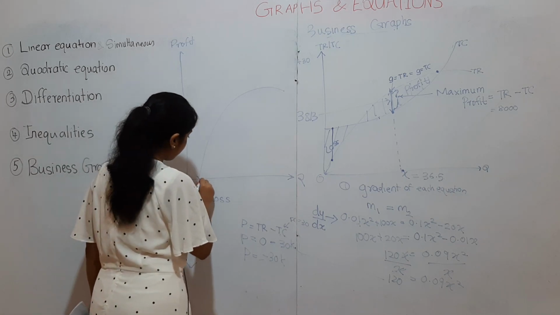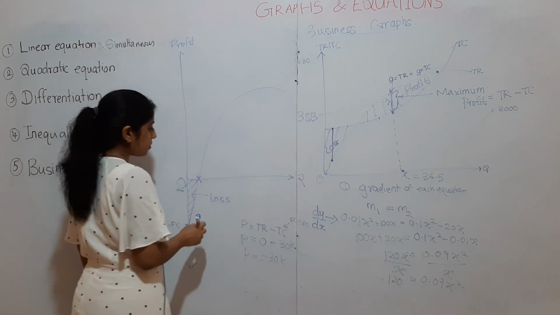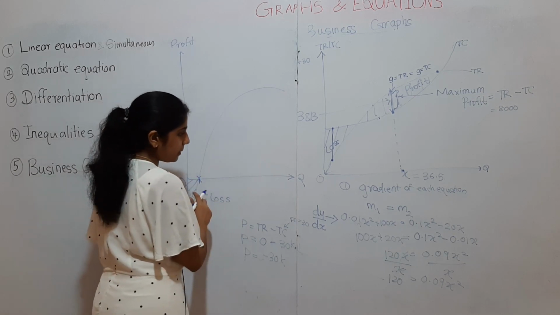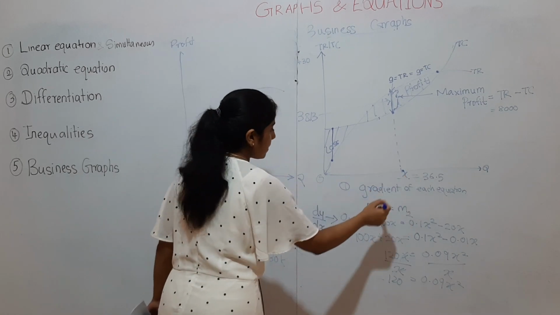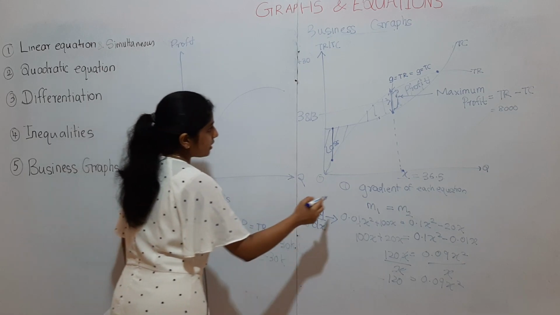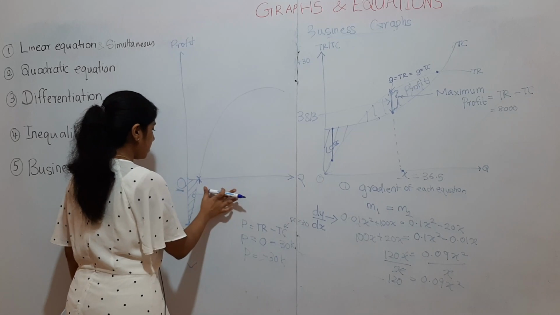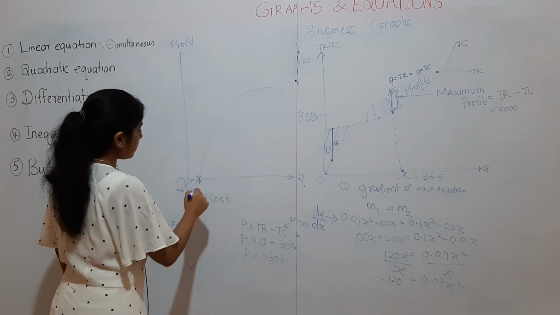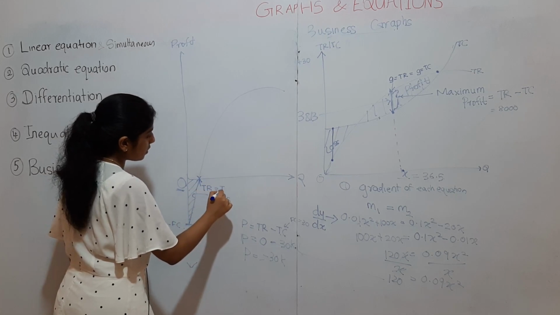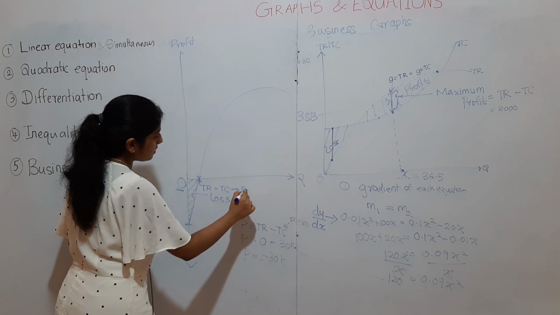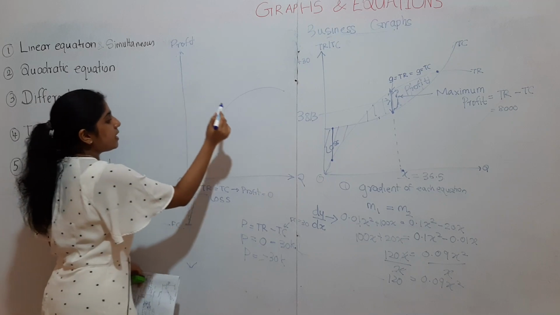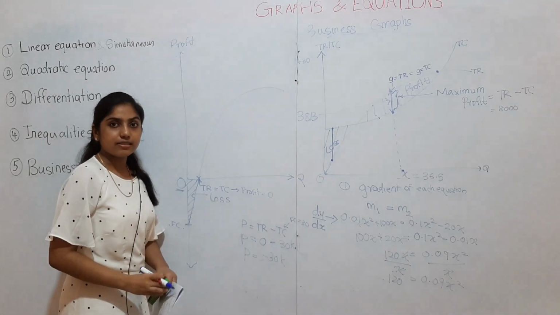And then this particular x value should be 36.5 as per what we did here, because at this x value, total revenue is equal to total cost, because profit is equal to 0 here, because profit is the y-axis and quantity is the x-axis.